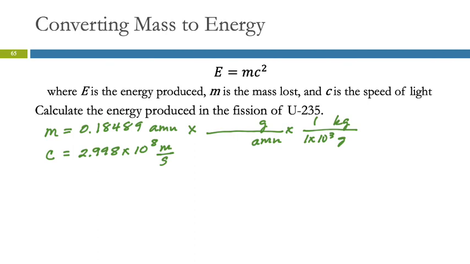How many atomic mass units in a gram? What's the definition of atomic mass unit? The mass of a carbon-12 atom is exactly 12 atomic mass units. And how much does a mole of carbon-12 weigh? 12 grams.